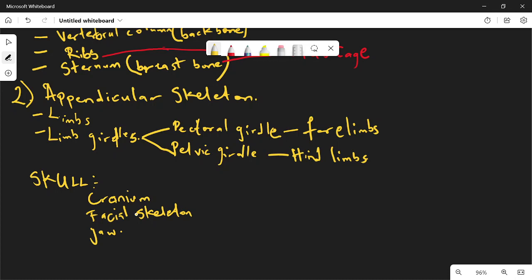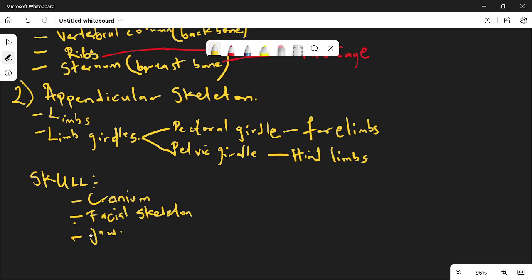They make up the skull. Its function is to protect the brain. Then we have the vertebral column, as well as the sternum and the rib cage. We leave all those for our next class.